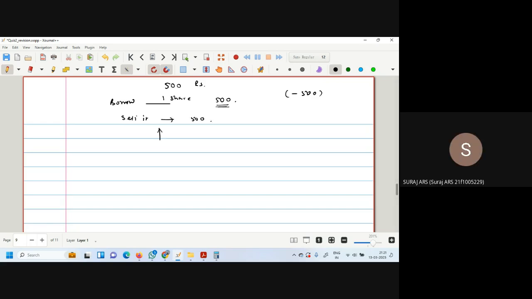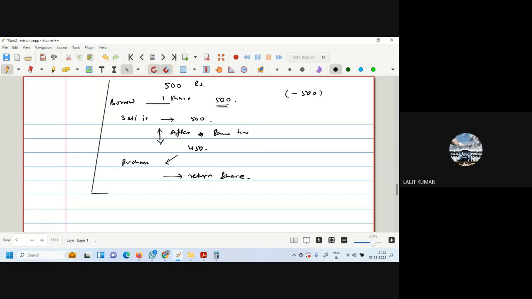After a month, or after some time, the price drops and it is available for 450. So you purchase it for 450 and return the share. So this is the entire cycle of your short selling.